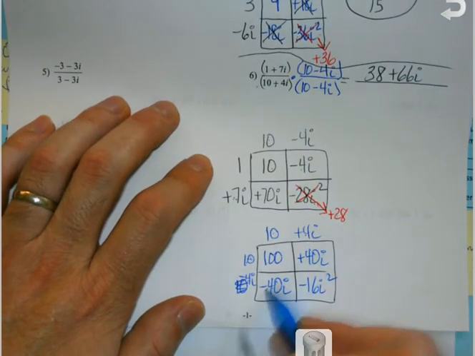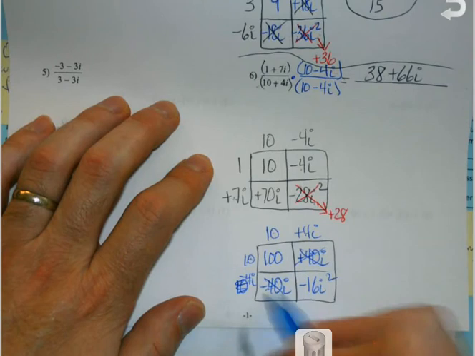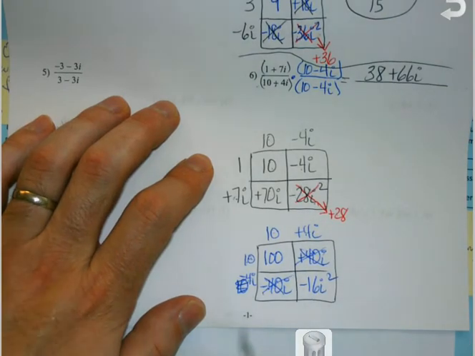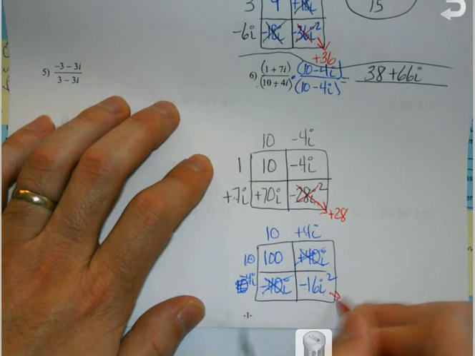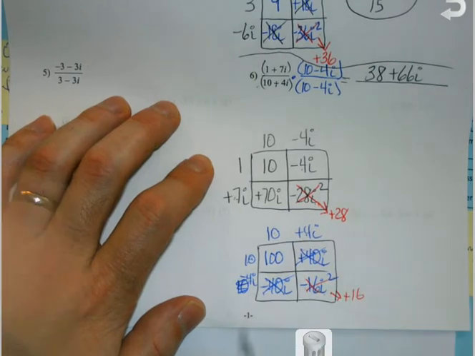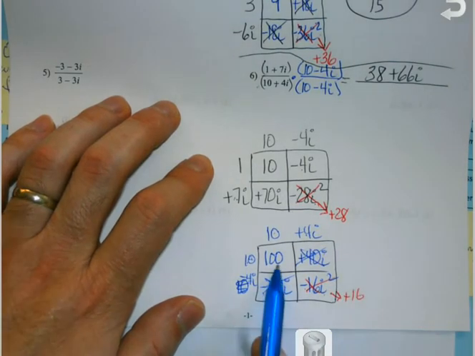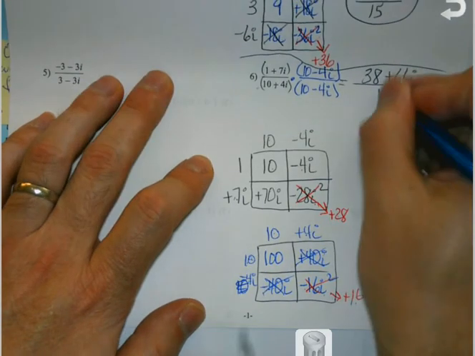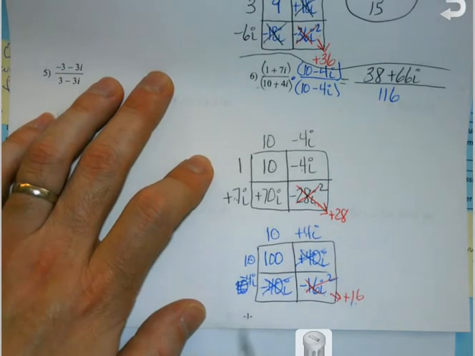Positive and negative 40i, okay? They cancel out. They're supposed to. i squared is negative 1. Negative times negative is positive. So then I just add those two up. 100 plus 16 is 116.